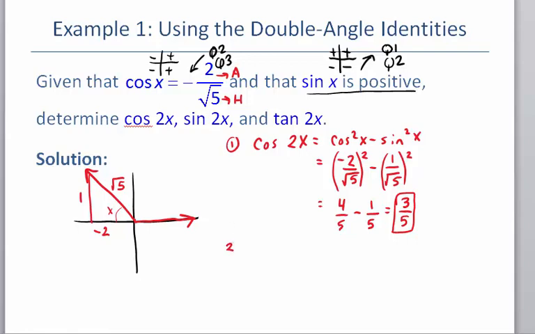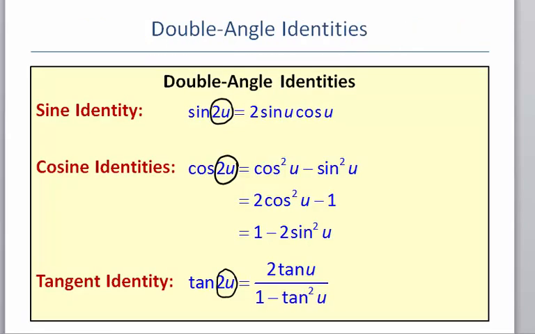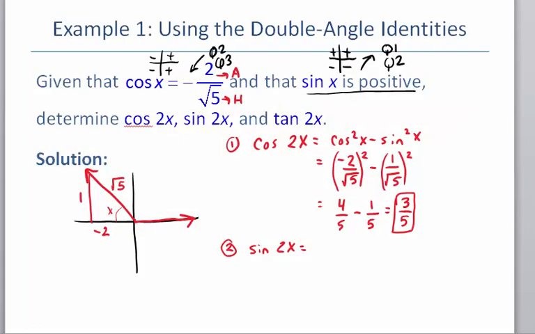Okay, so next let's do the double angle for sine. We only have one formula for double angle of sine, and that formula says 2 sine cosine. So I'll write my formula down, and I'll use my triangle to determine the values.